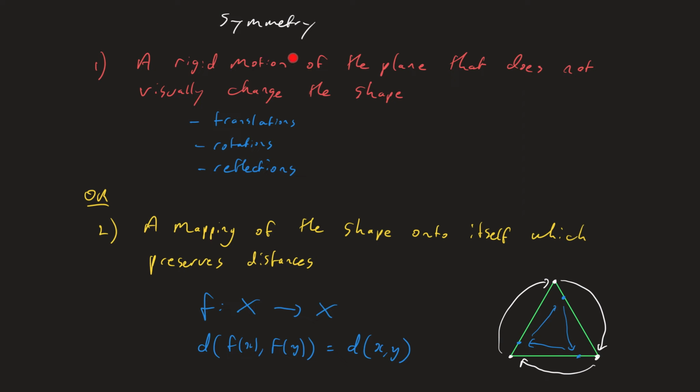A rigid motion of the plane is a transformation of the plane which does not change distances. Examples are translations, shifting everything up or down or left or right; rotations, picking a point and rotating everything about that point; and reflections, drawing a line and reflecting everything in that line.